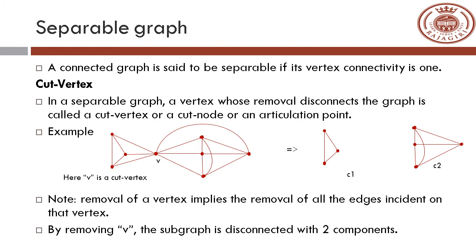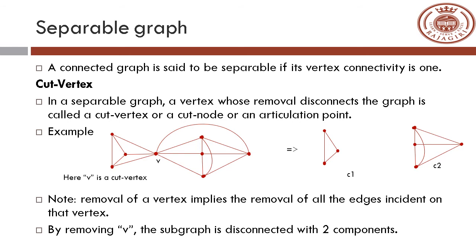And definition of cut vertex. In a separable graph, a vertex whose removal disconnects the graph is called a cut vertex or a cut node or an articulation point. See the example. In this example, if you remove the vertex V and all the edges incident to V, you will get two components for the graph, C1 and C2.